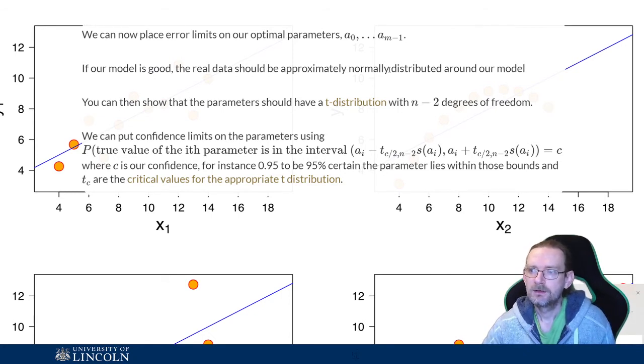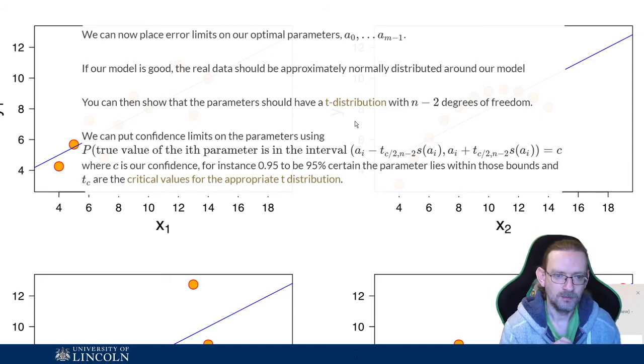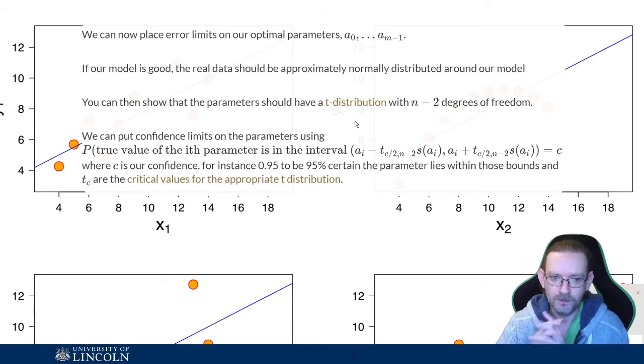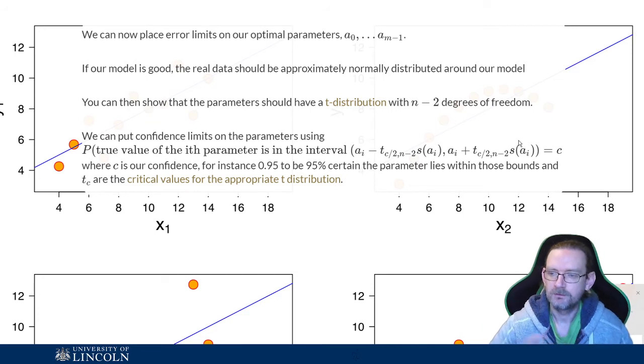And then indeed, once you've got these error bars, you can do stuff that you may have come across at A level or in first year statistics, where you can do a confidence interval around the predicted parameters, and you can say whether or not they could lie within these different things that you can dig out.